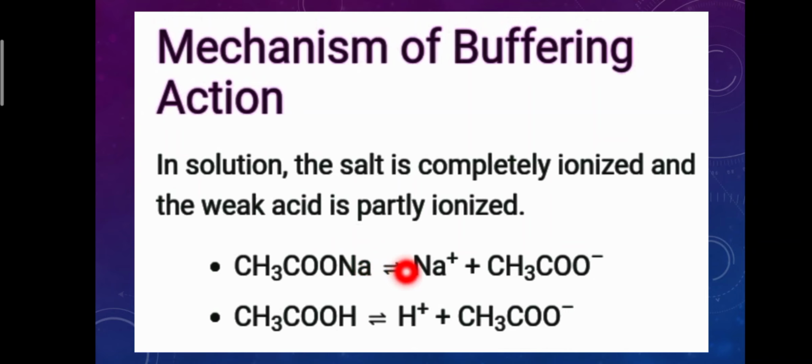In aqueous solution, it is completely ionized into sodium ion and acetate ion, while weak acids are those acids which are partly ionized, or which provide a small amount of H positive ions in aqueous solution. Largely, acetic acid is present in undissociated form and provides a small number of ions in aqueous solution.